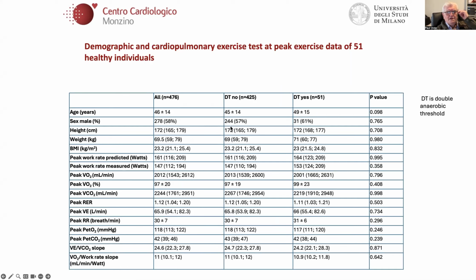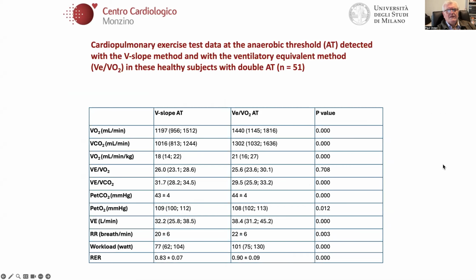Notice with no double anaerobic threshold, with a double anaerobic threshold. As you can see, there's not a lot of difference in those measurements. They're mostly insignificant. If now we look at the exercise data detected by the anaerobic threshold via V-slope compared to ventilatory equivalent method, these are healthy patients with a double AT.